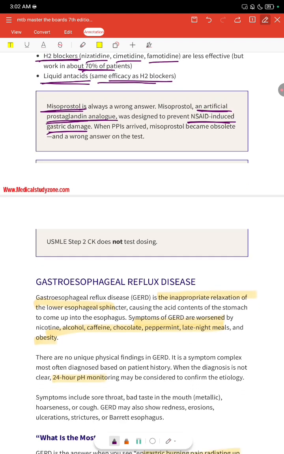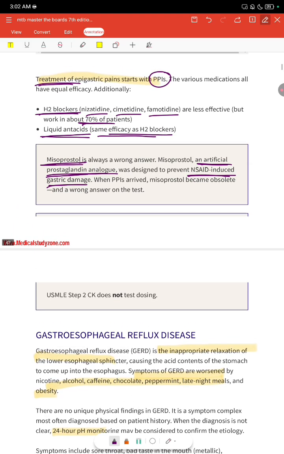Because nowadays we use PPIs for that purpose. And you might be thinking that this book is not focusing too much on dosing. It's because it is mainly written for Step 2 CK, and USMLE Step 2 CK does not test dosing. That's right.